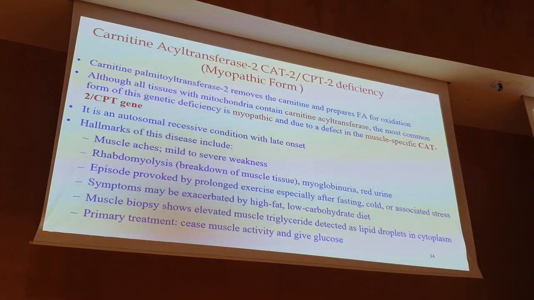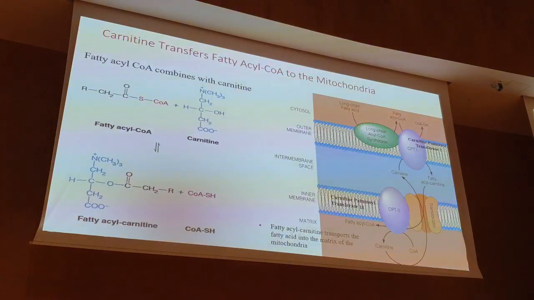Let me remind you, CPT2 is the one on the inner mitochondrial membrane that is transferring the fatty acyl carnitine from the intermembrane space into the matrix. And it is cutting the carnitine out and allowing the fatty acid to go in, and it puts the carnitine back out.